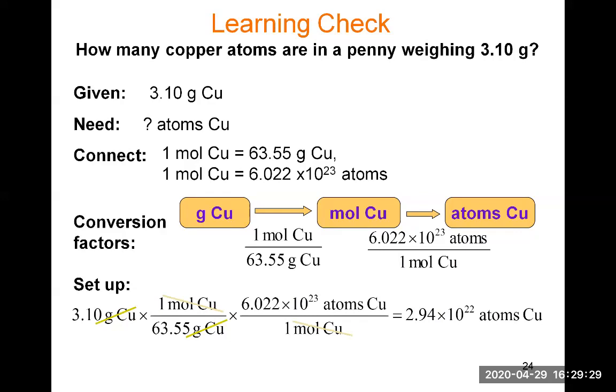In your calculator, you type 3.10. Let's do all the numerators first. So times 6.022, then the EE key to get the capital E, and then type the exponent 23. So that's the scientific notation in my calculator. So adapt to your calculator.